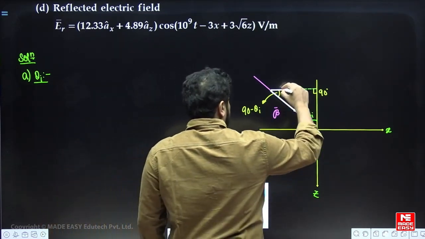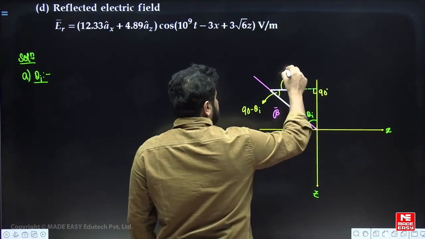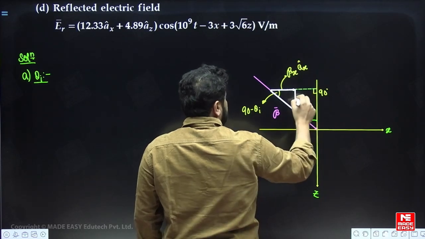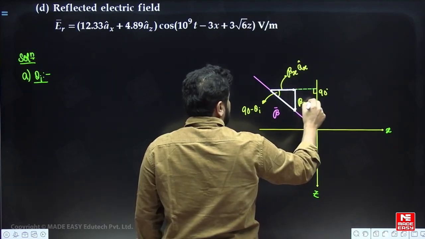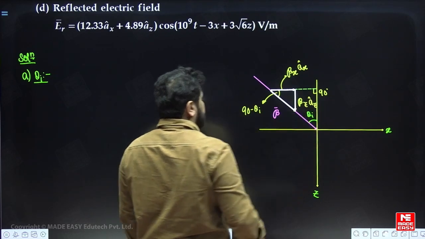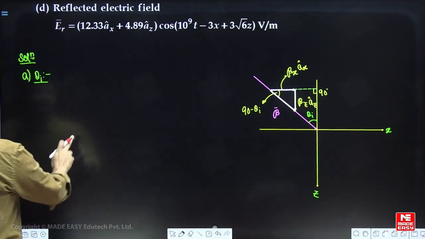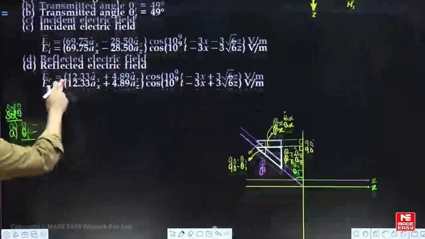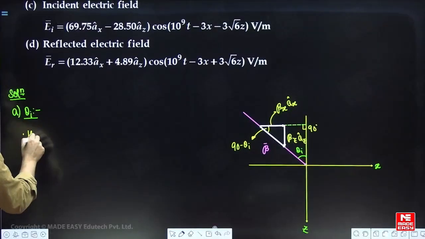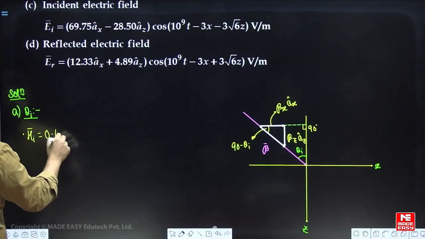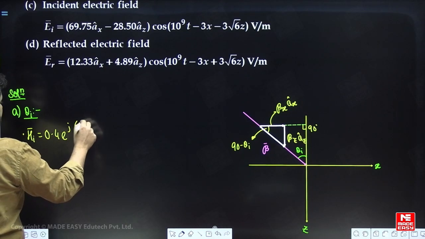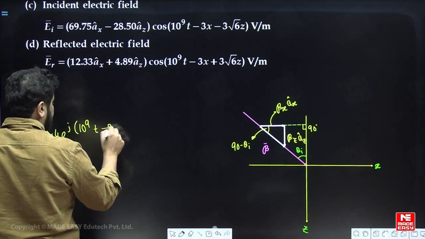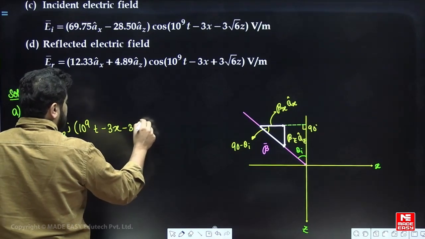So since it is in x direction, this is your beta x in the direction of ax, and this is your beta z in the direction of az, right? Correct? Fine. Now what the question gives is that H incident vector is equal to 0.4 e to the power j (10 to the power 9 t minus 3x minus 3 root 6 z).